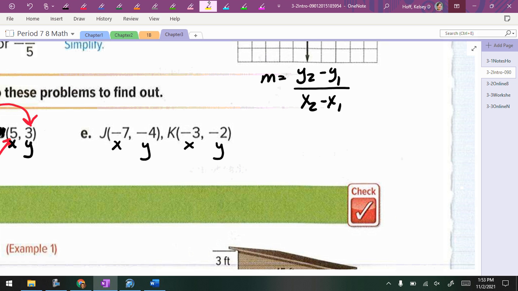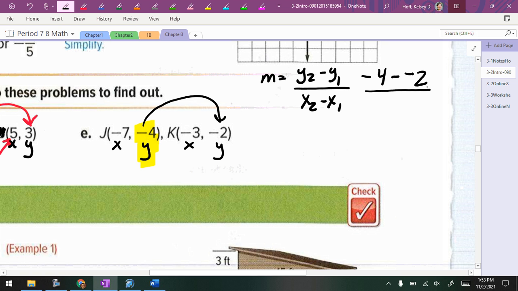Ms. Hoff suggests to pick the very first Y they give us. What's the very first Y they give us? Negative 4. So I write negative 4 minus, what's my other Y value? Negative 2. Now be cautious. You're subtracting a negative 2. Make sure you keep track of all those negatives.